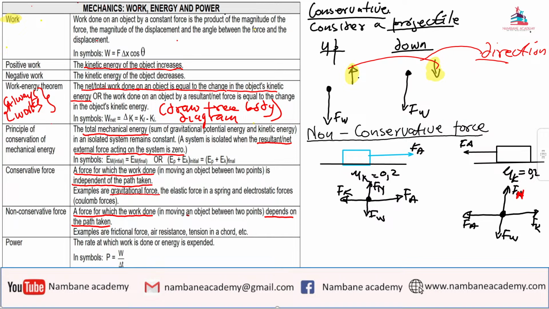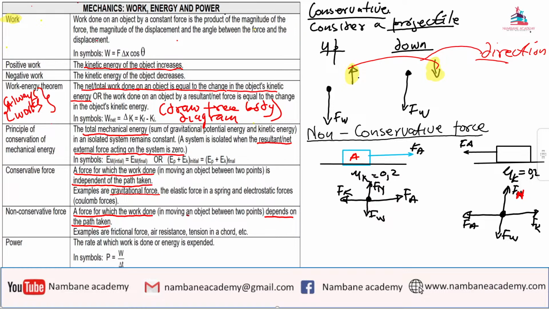Now we have that. Let's read the statement here. A force for which the work done depends on the path taken is true. Let's check. For diagram A, when I pull the box to the right, frictional force is acting in the opposite direction.